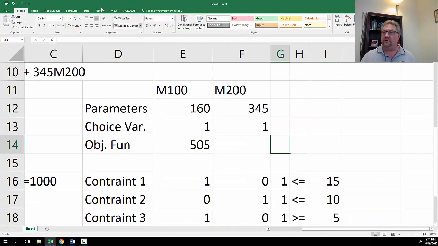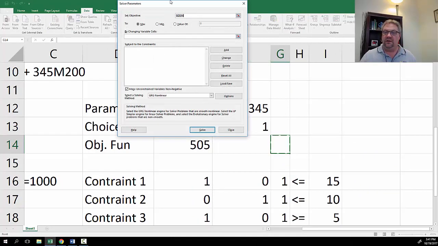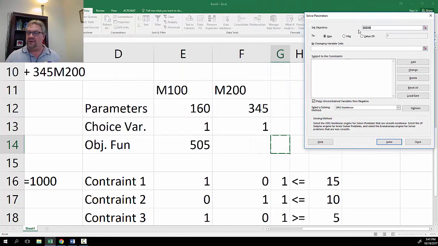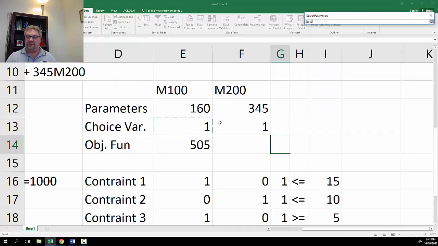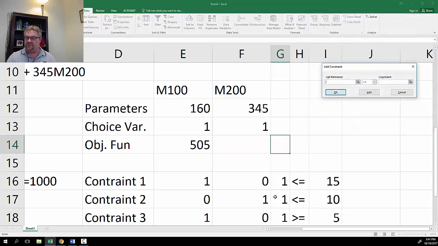All right, so data, Solver. Okay, so this is my objective function. I want to maximize that by changing my choice variables subject to these constraints. So these two numbers have to be less than or equal to these two numbers.